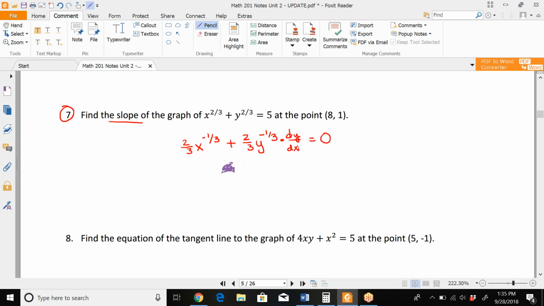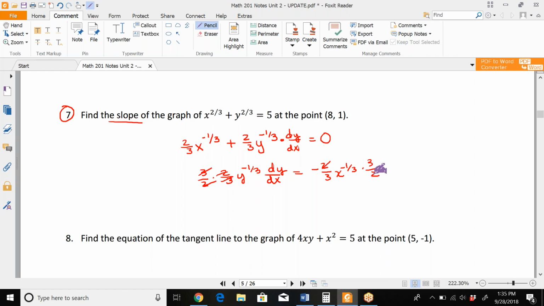We're going to subtract, and I'm not worried about the negative exponents just yet. I'll get to that in a second. But we're going to subtract that first 2/3 over because it does not have a dy dx. So negative 2/3 x to the negative 1/3. We can multiply both sides by 3 over 2 to get rid of the fraction. On this side, it completely cancels out.